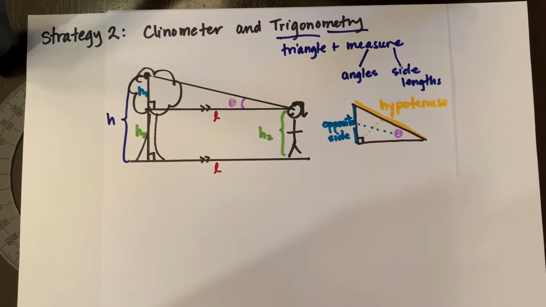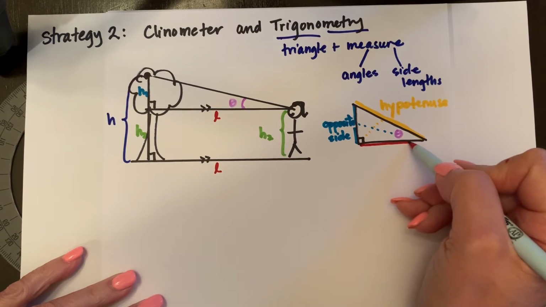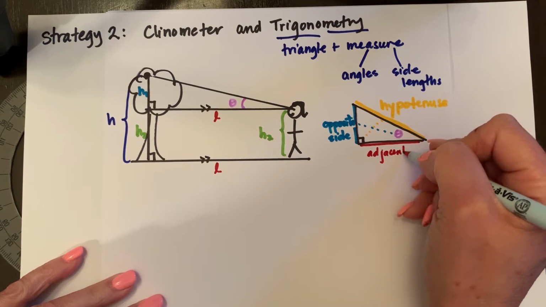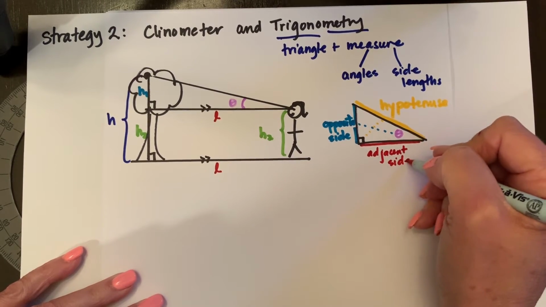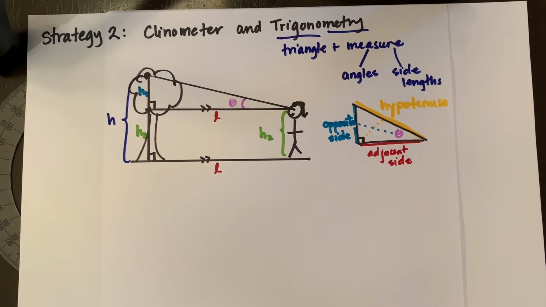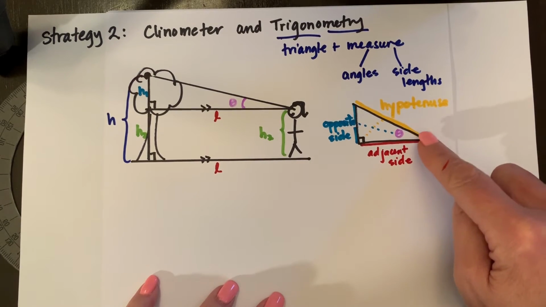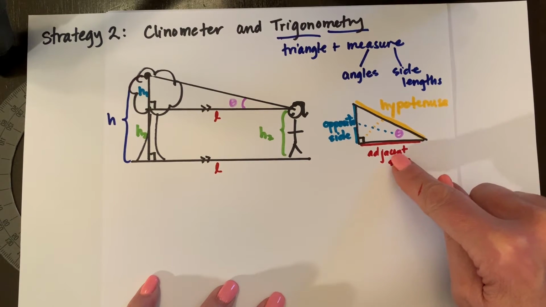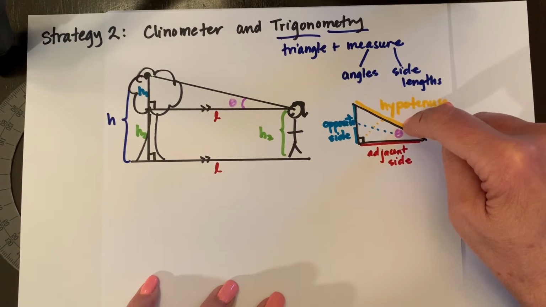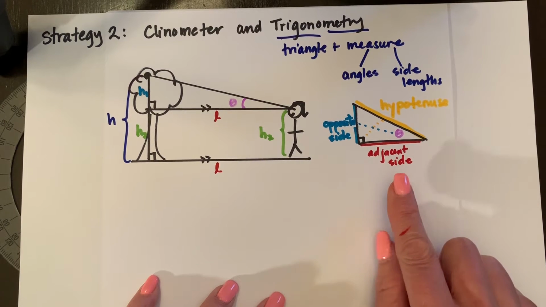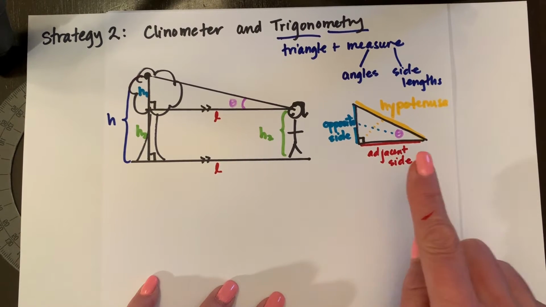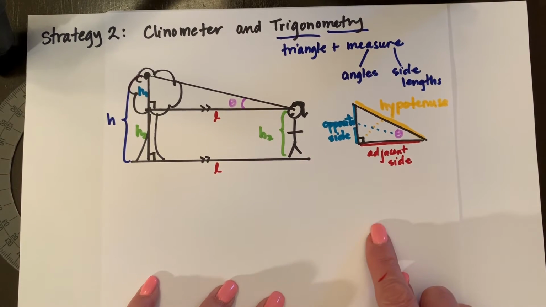And then the last side, which is right next to or adjacent to the angle, is referred to as the adjacent side. And so, having our angle and knowing how to refer to the sides of the triangle that relate to that angle, we can use one of 6 basic trig functions to figure out missing side lengths.